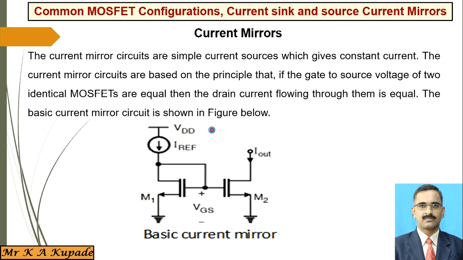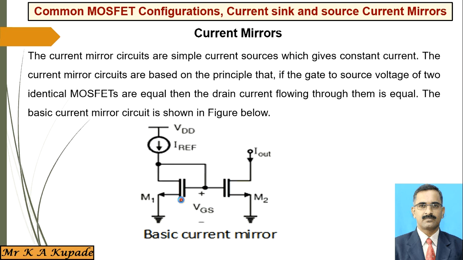And this happens when they have the same biasing, the same gate to source voltage for the identical, equal MOSFETs.